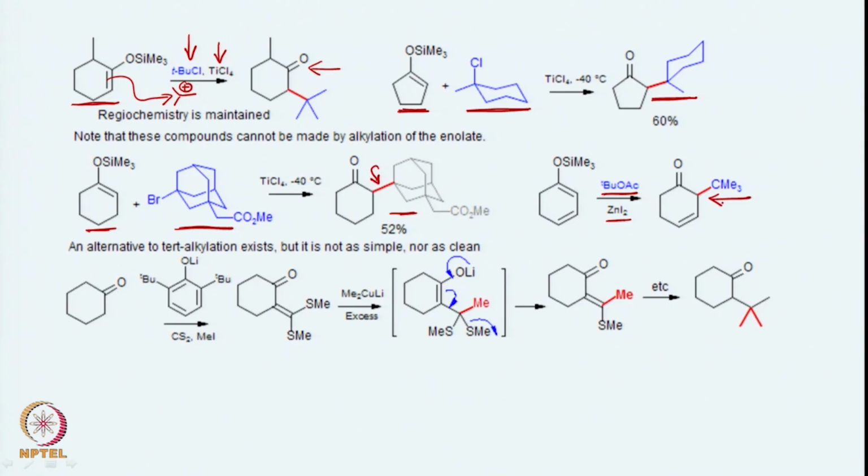If we see in the literature how such tertiary butyl groups need to be introduced, there are not that many straightforward methods. So enol silyl ether is a very easy way by which we can introduce the tertiary groups alpha to the carbonyl group. As for example, we can take a ketone and then react with this particular base and then carbon disulfide and methyl iodide.